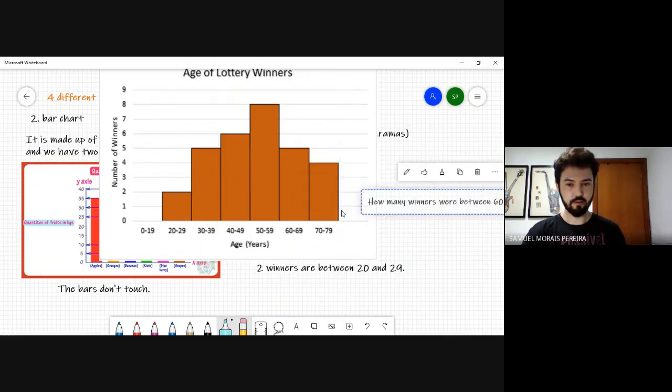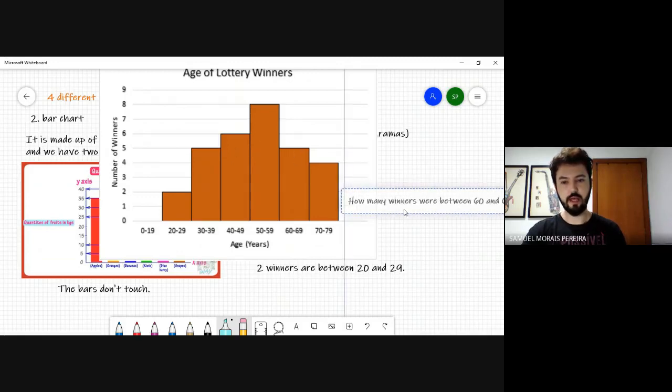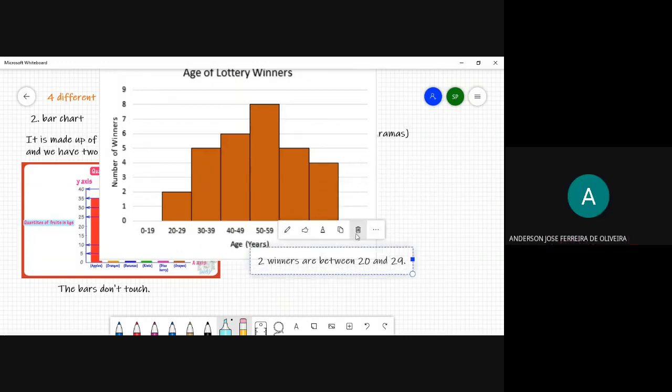You just take a look at this interval here, and then you go and look for the number. The number is here, the number of winners. It's 5. So just like Anderson said, 5 winners are between 60 and 69, okay? Very simple. I just wanted you to understand the idea.